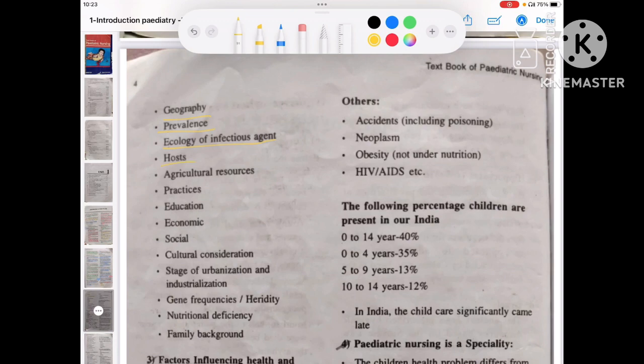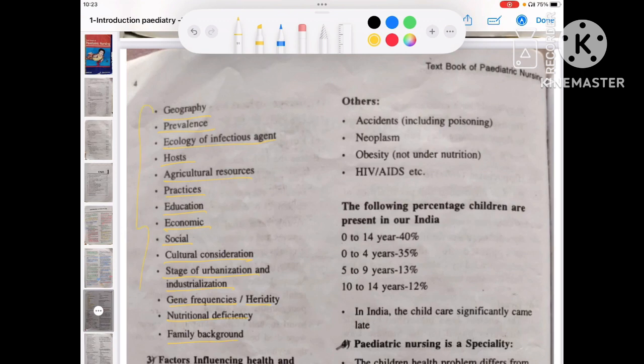Host, you know what a host is: the parasite or microorganism living inside animals or plants. Then agricultural resources and practices. Next are education, economy, social and cultural considerations, stage of urbanization and industrialization, gene frequencies and heredity, nutritional deficiency, and family background.